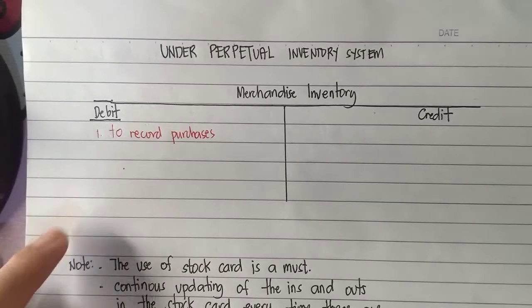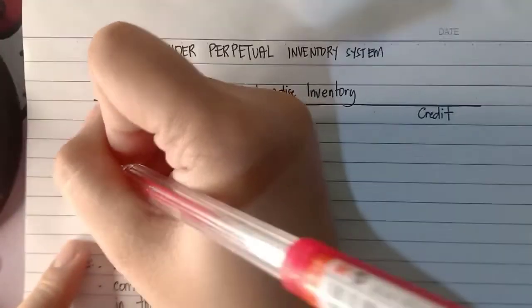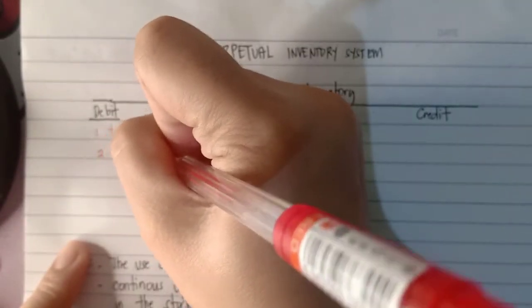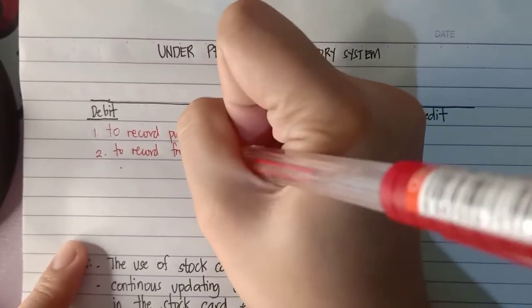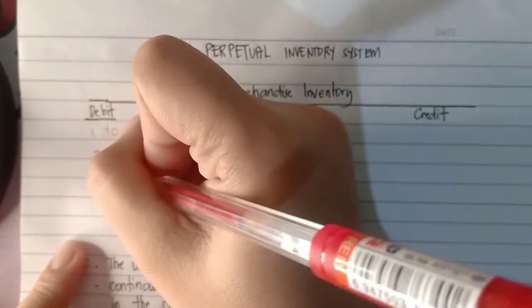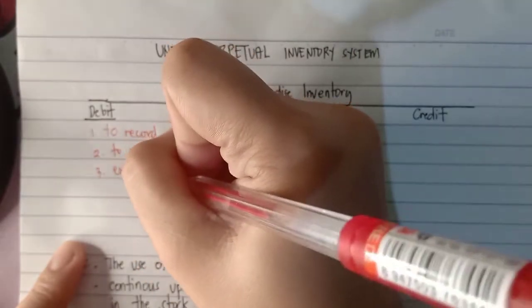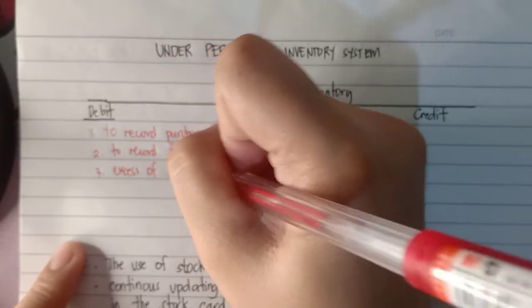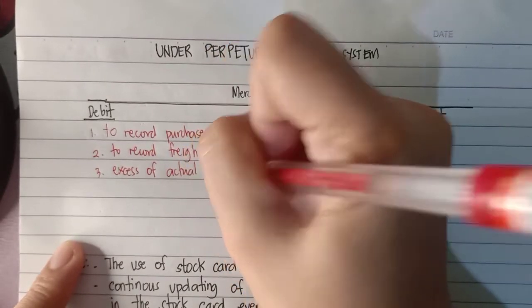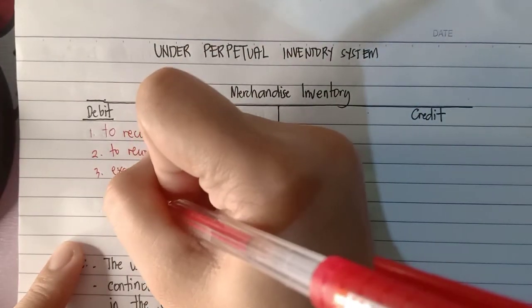Second, to record freight in. Next is to record an excess of actual inventory against the stock card.